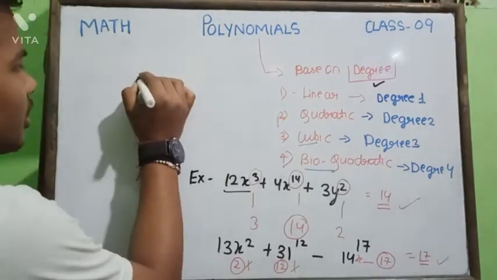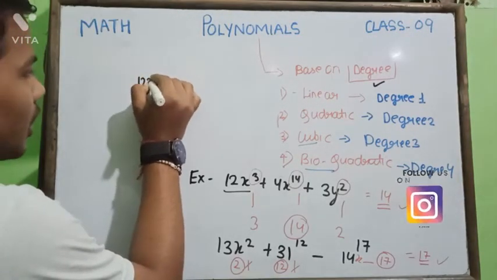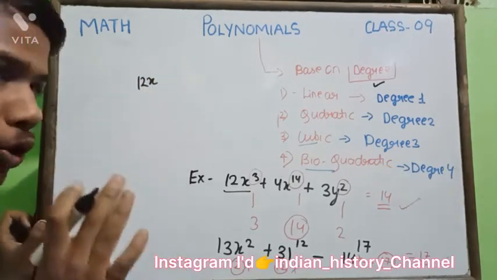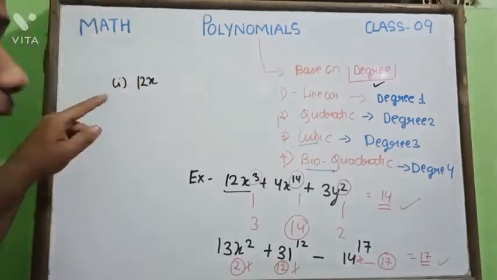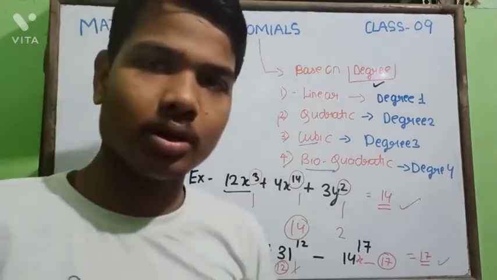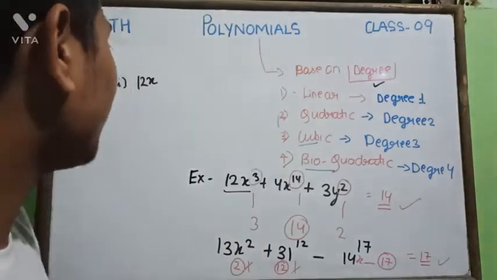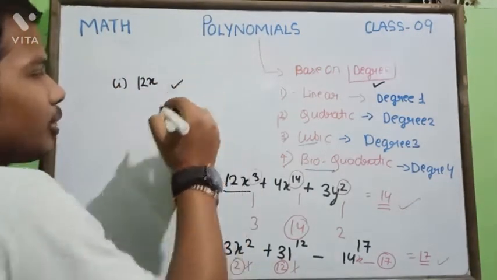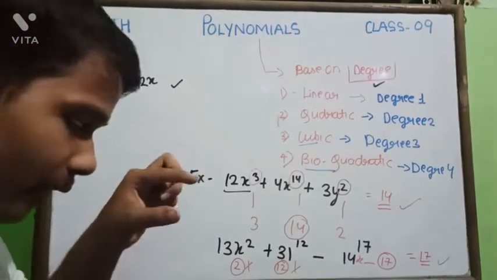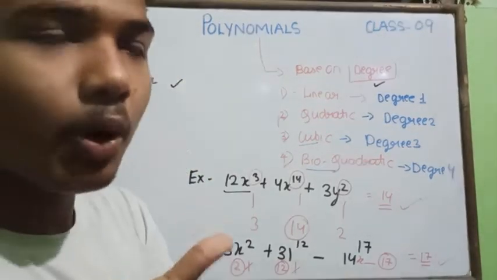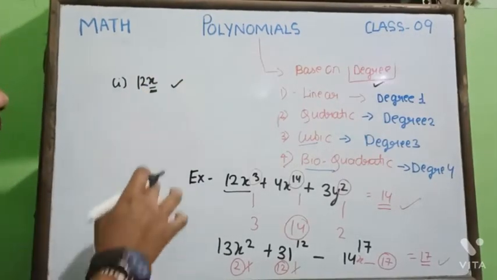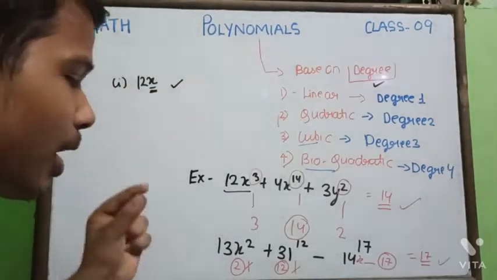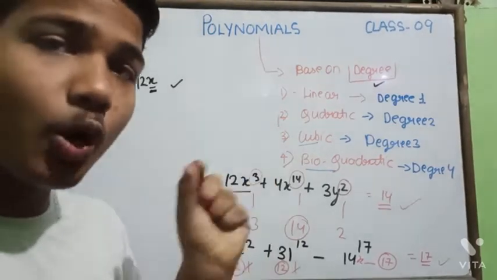As we will write here, 12x. Is it a polynomial? First of all, tell me in the comment section whether it is a polynomial or not. I hope you have commented, and let me tell you that it is a polynomial, because we know that the power of the variable x should be a whole number.